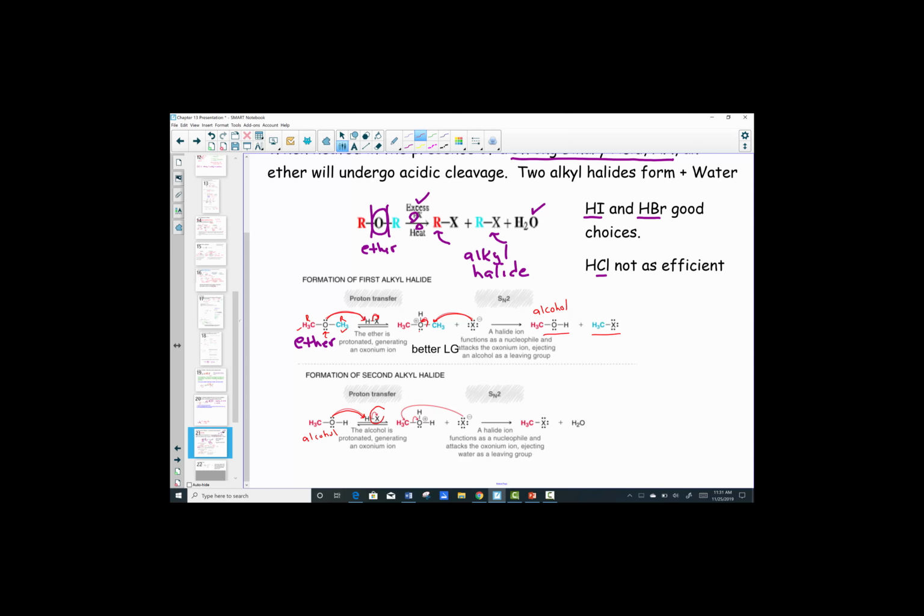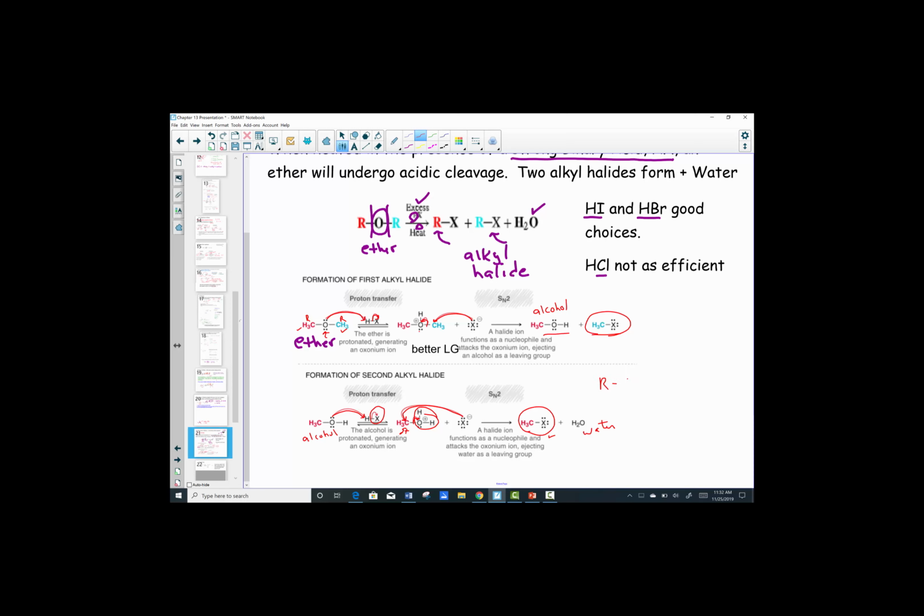This halide negative ion then acts as the nucleophile, reaches out for the electrophilic carbon, and the leaving group leaves. And when it does so, you form a secondary alkyl halide. So on one side of the ether, we made an alkyl halide. On the other side of the ether, you made an alkyl halide. And eventually, right there is the production of the water molecule through the mechanism.